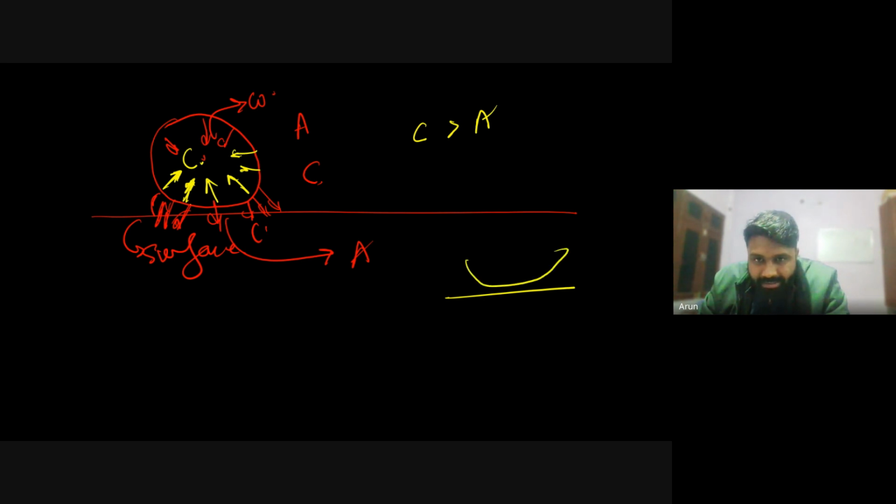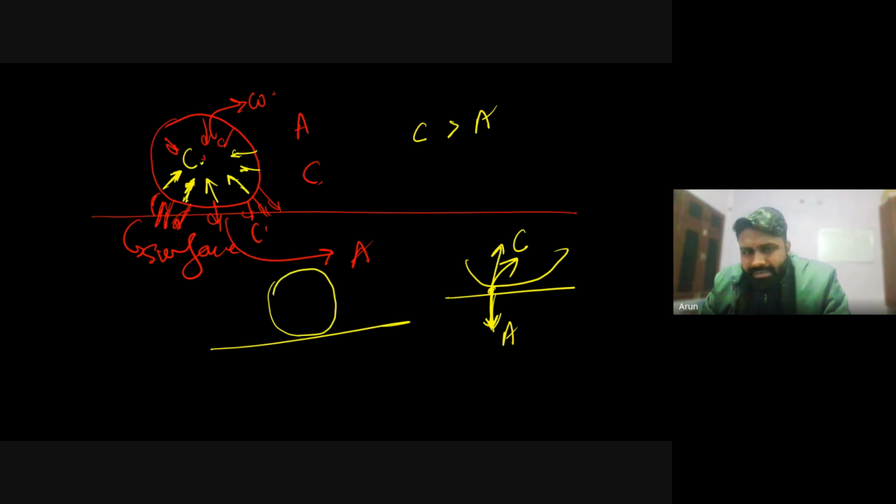At the contact point, the adhesive force tries to pull it down, but the cohesive force tries to pull it upward. So if C is greater than A, they will pull up, and the liquid is not going to make so much contact with the surface.